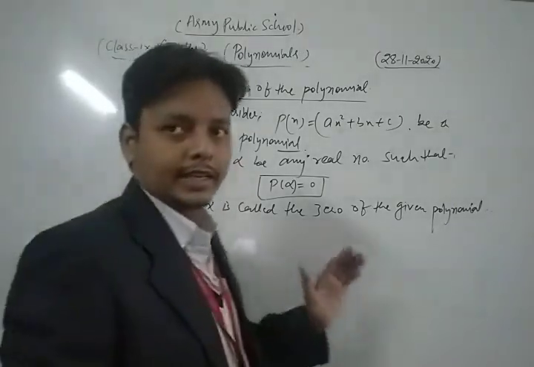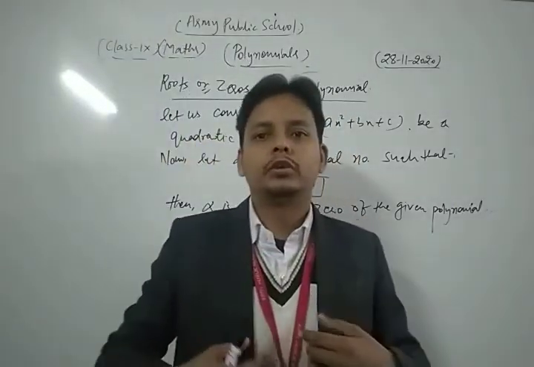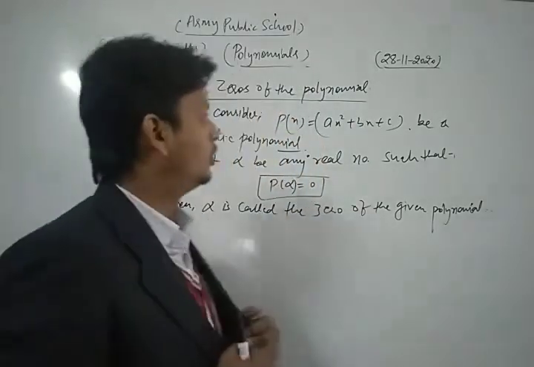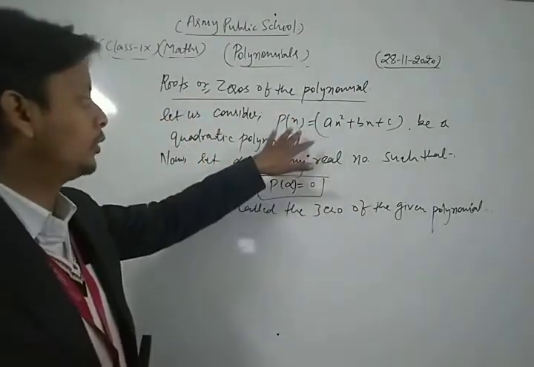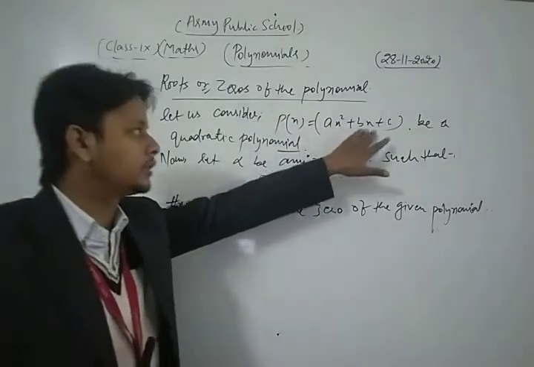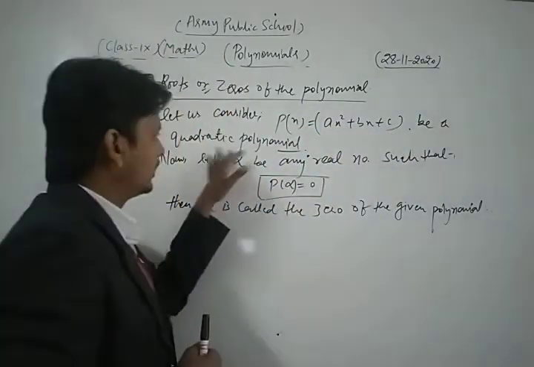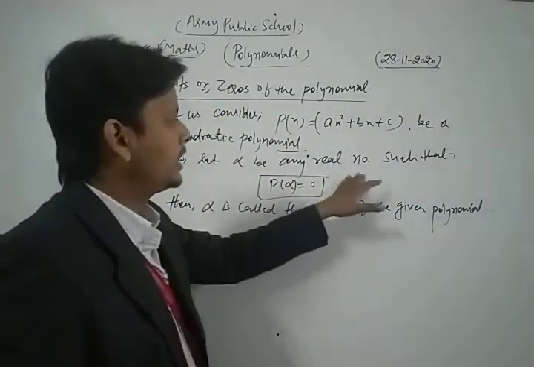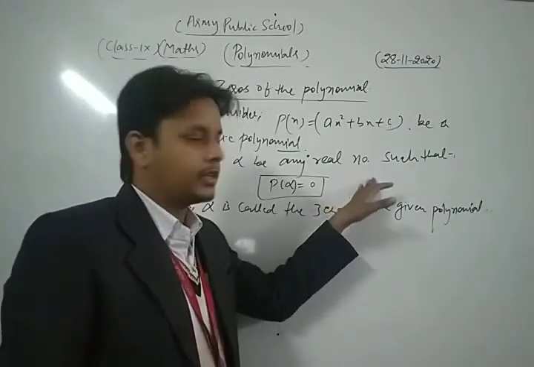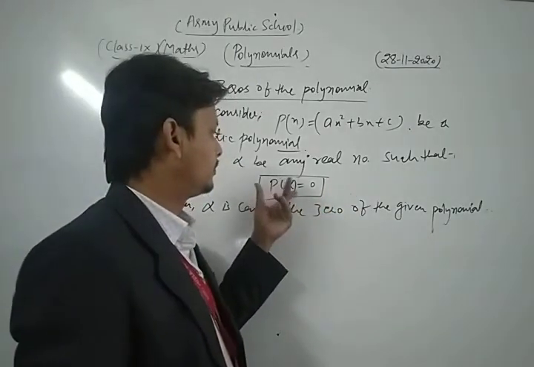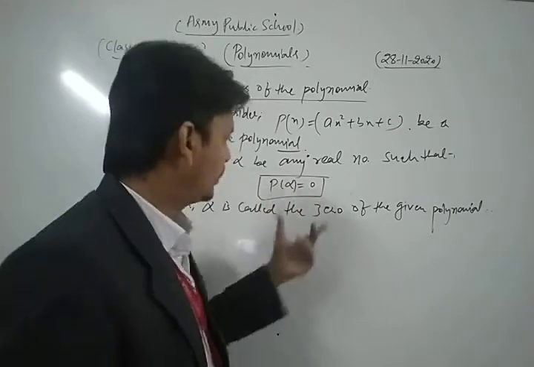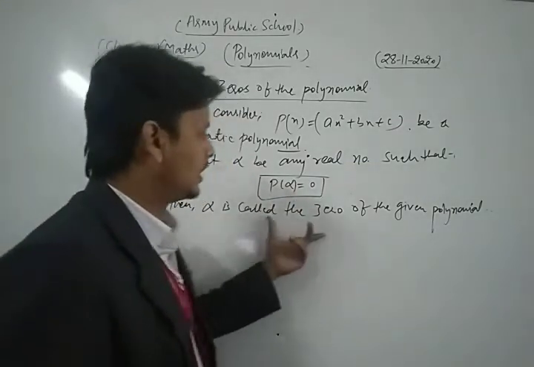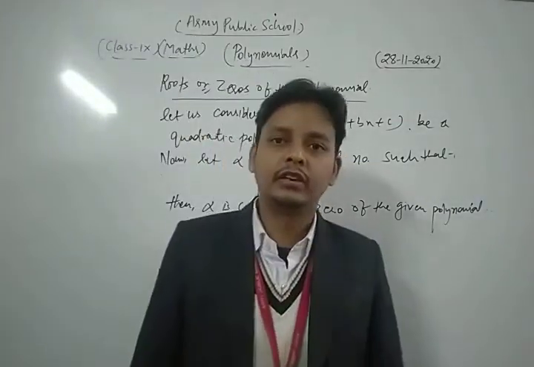So first of all, we take a polynomial p(x) equal to ax square plus bx plus c, a quadratic polynomial. Now let alpha be any real number such that p of alpha is equal to 0. Then alpha is called the zero of the given polynomial.